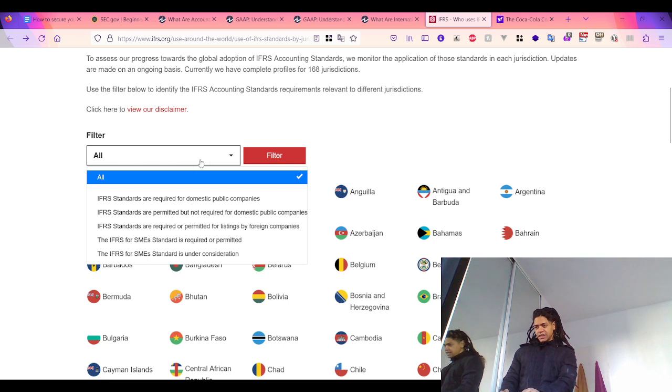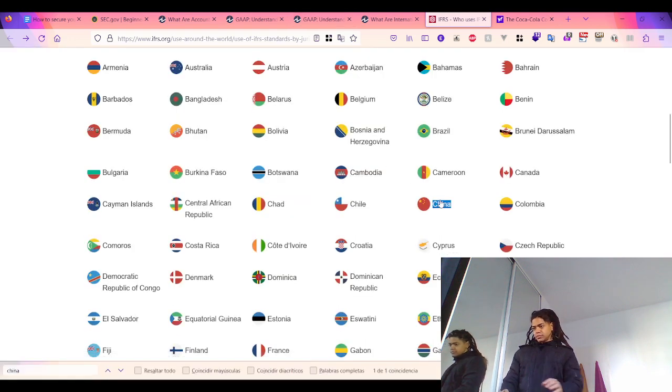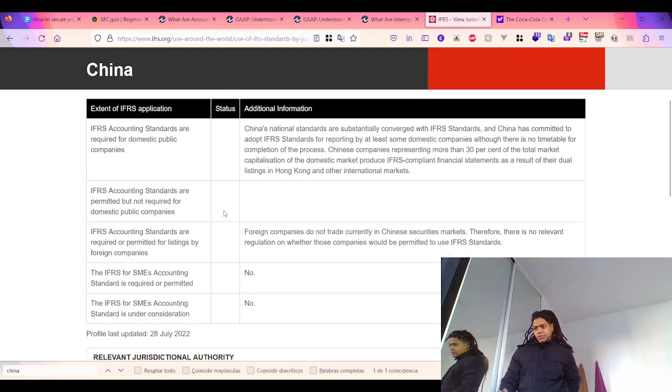So China, according to this, China's national standards are substantially converged with IFRS standards, and China has committed to adopt IFRS standards for reporting by at least some domestic companies, although there is no timetable for completion of the process.